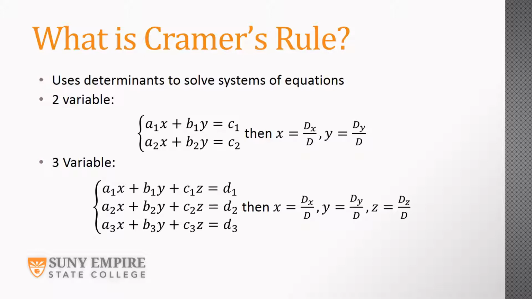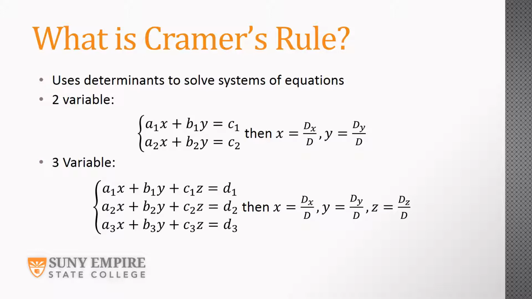In this case, the variable x will equal d sub x divided by d, the variable y will equal d sub y divided by d, and the variable z will equal d sub z divided by d.